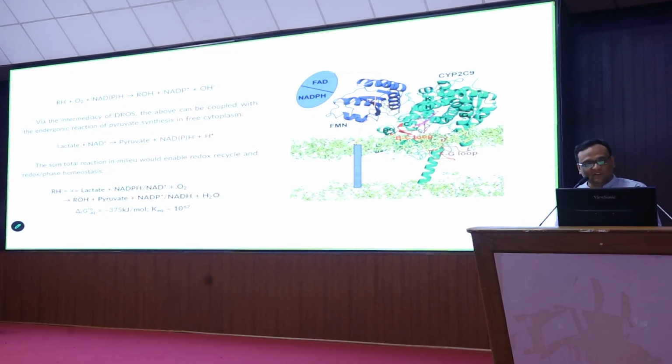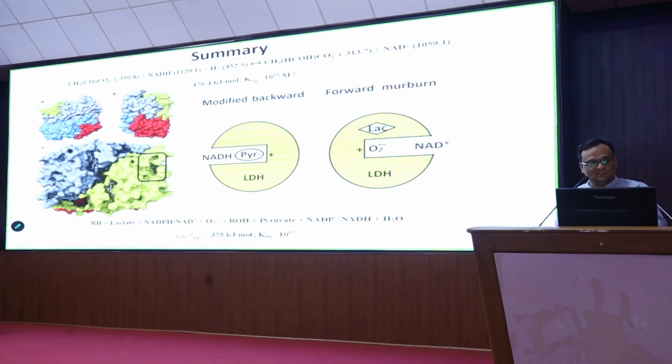So, we found out that, I'll show you the other slide first. When you have pyruvate and NADH plus H plus, you get lactate plus NAD plus. If you see this equation, the energetics of this equation was miscalculated in textbooks.